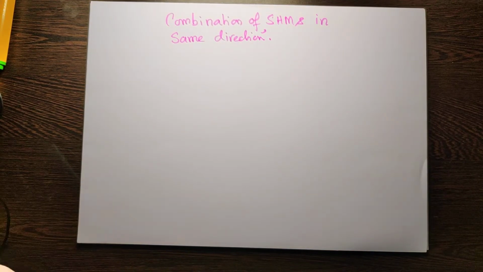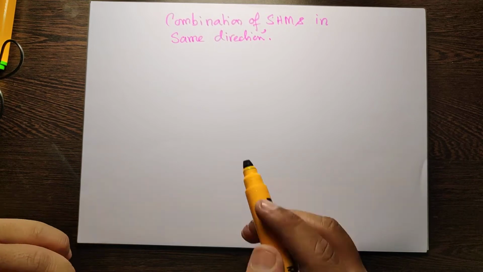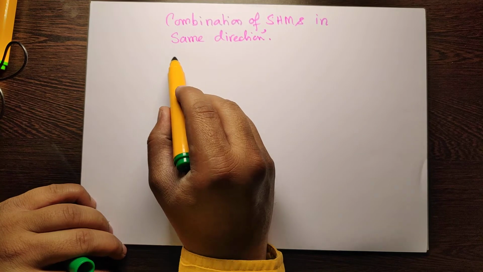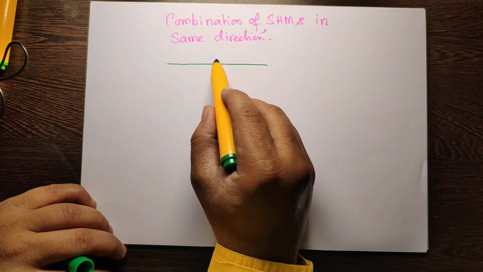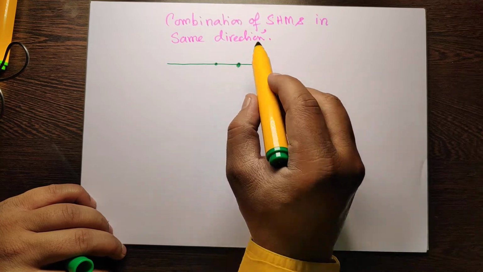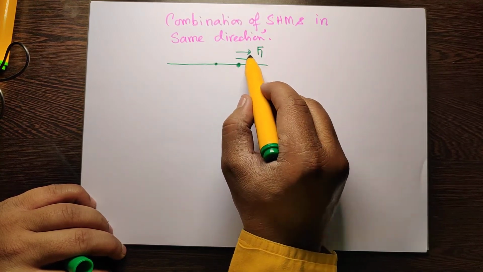Now what is combining SHMs? Combining SHMs is actually combining the forces causing the SHMs. So basically, if this is a particle here, and it is acted upon by two forces, say F1 and F2.